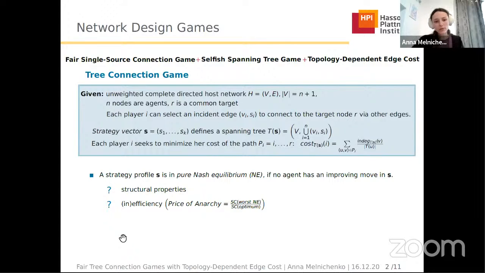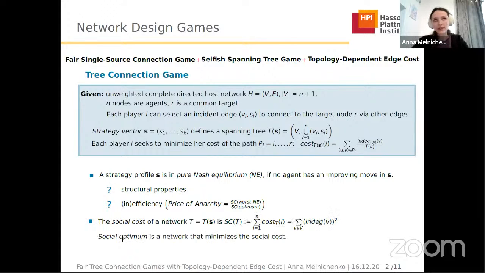By the optimum, we mean a centrally designed network, designed by a central authority, which aims to minimize the average cost of all players. The average cost is modeled as the social cost, or the total cost of all players.